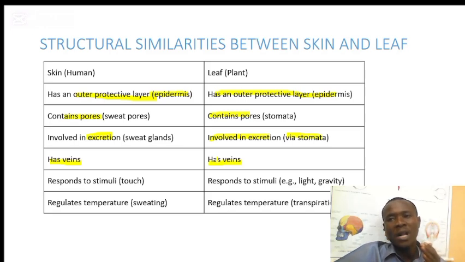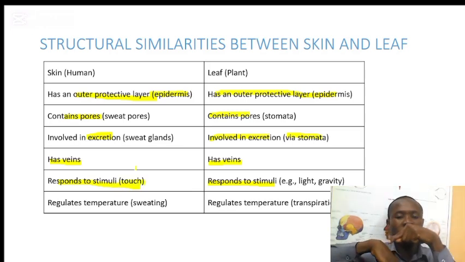Mind you, we have to talk about venation in leaves, how the veins are arranged in the leaf. The skin also responds to stimuli, while the leaf also responds to stimuli. But the stimulus that the skin responds to is touch. So when you are being touched, you respond to it. But the leaf responds to stimuli such as light.